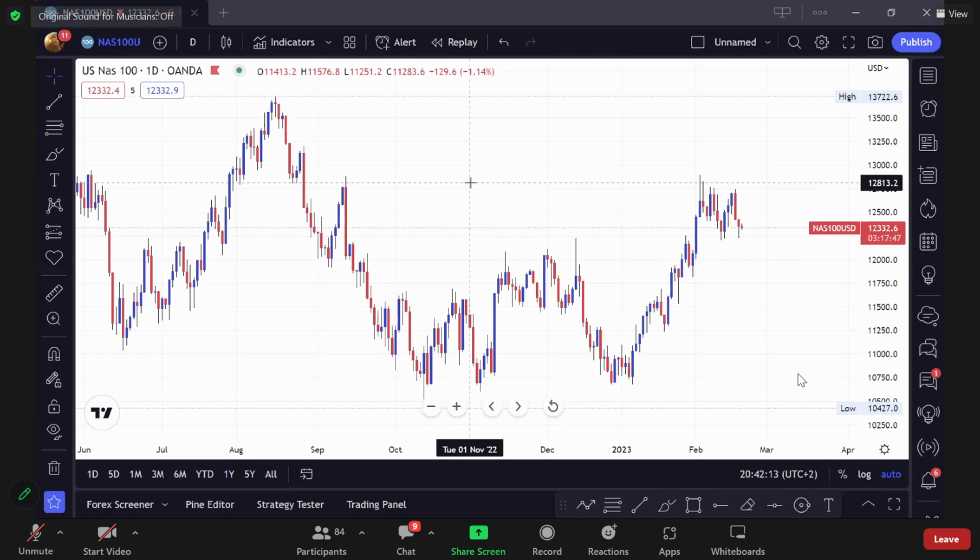So break of structure basically means that this is when the market gives you its first clue that it's about to get weaker, and it's about to reverse. Got it?